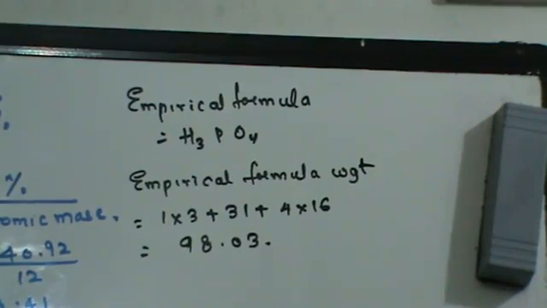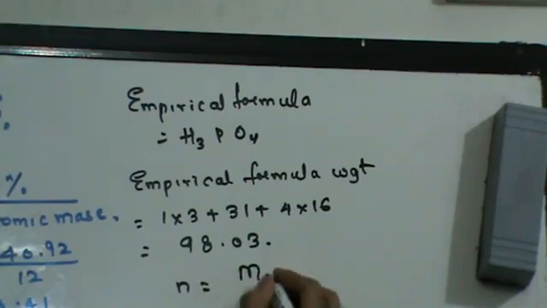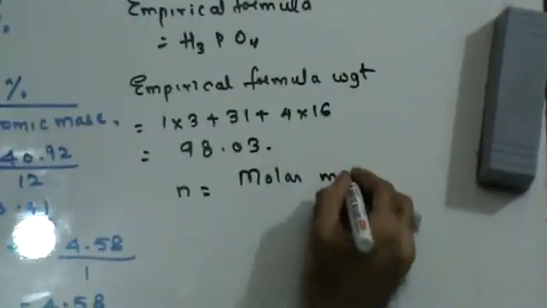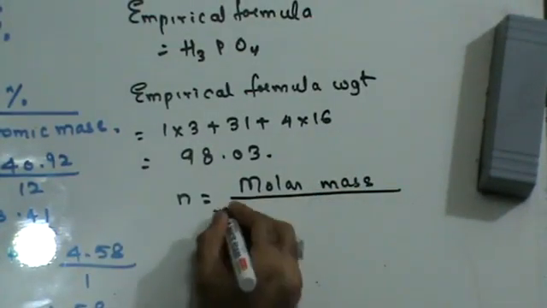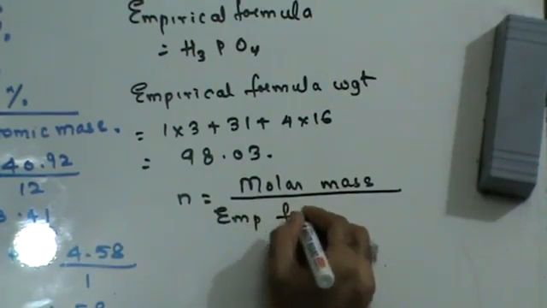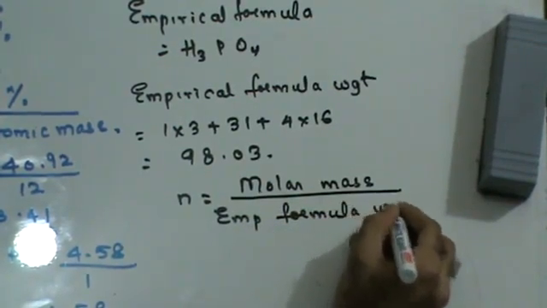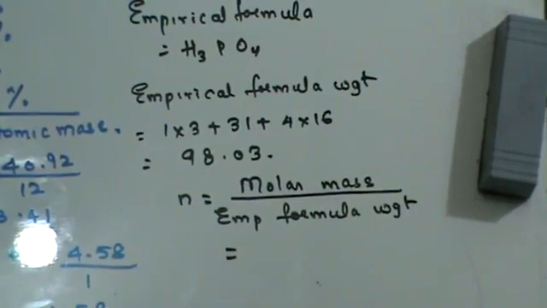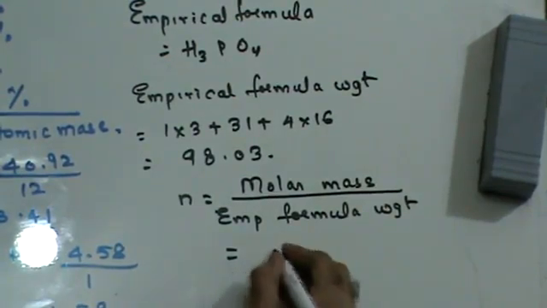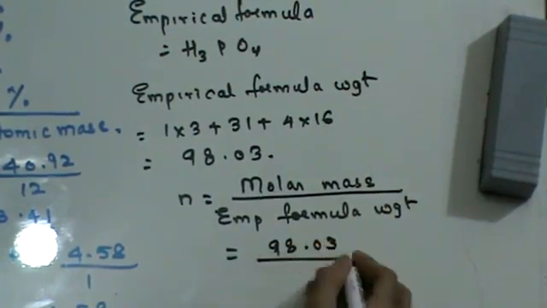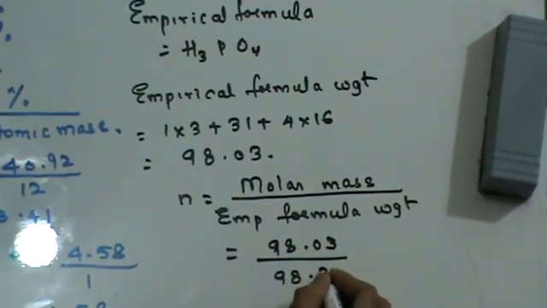Now, number of moles N is given by the formula molar mass divided by empirical formula weight. The molar mass given to you in the sum, guys, is 98.03. Empirical formula weight you found out as 98.03, which is going to be equal to 1.